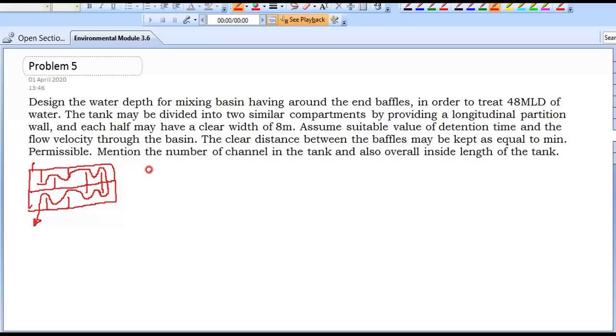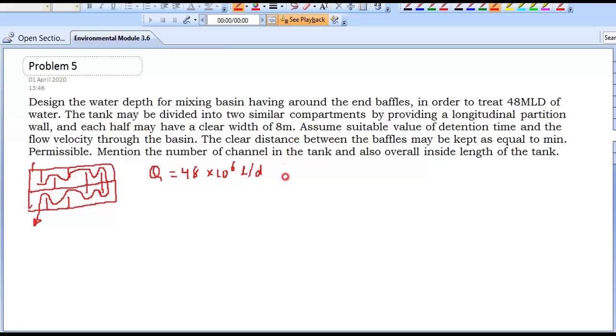Now the quantity given here is 48 million liters per day, and the clear width is given as 8. Suitable data we need to assume. First we will assume the detention time.